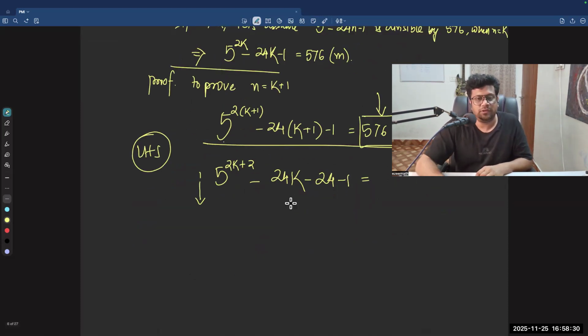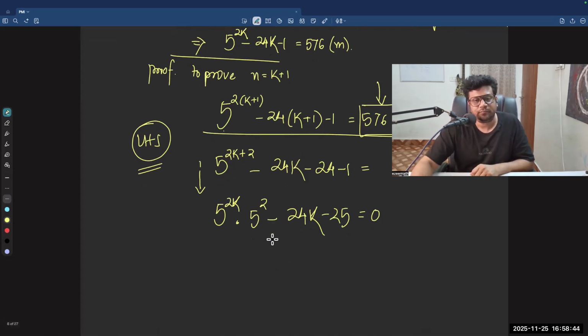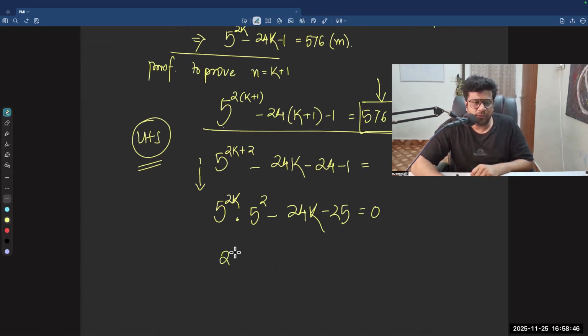Okay, so let's go left hand side. So this is 5 to the power of 2k multiplied by 5 to the power of 2 minus 24k minus 25 is a 0. And I can go do a 25 into 5 to the power of 2k minus 24k minus 25 equals 0.